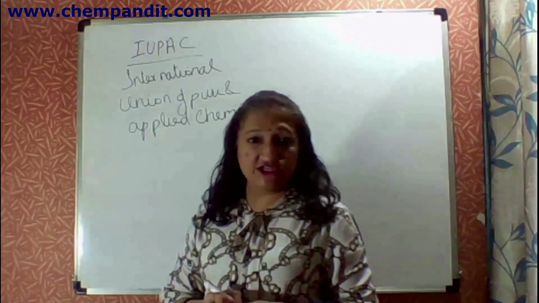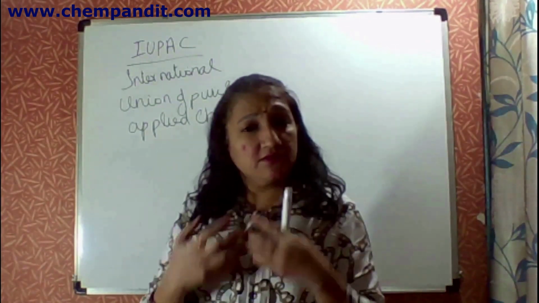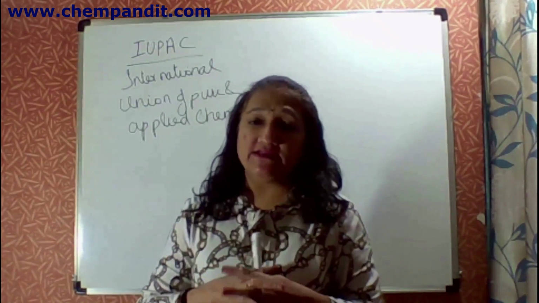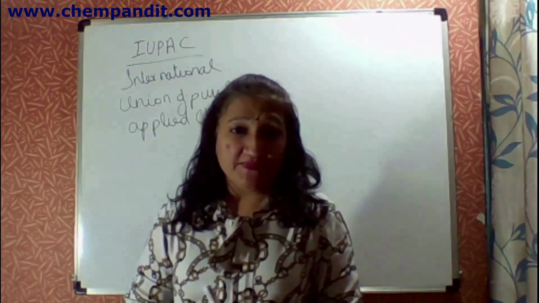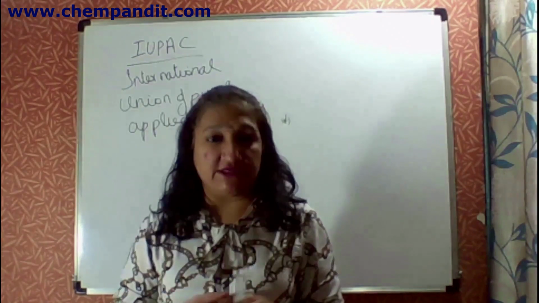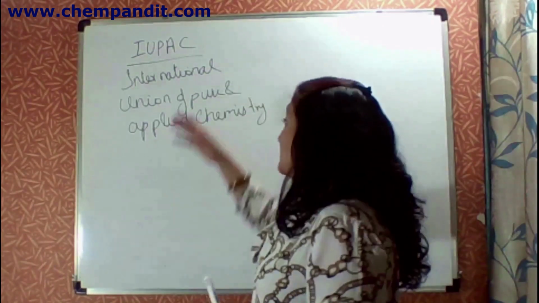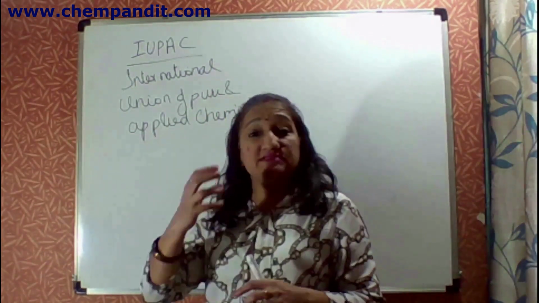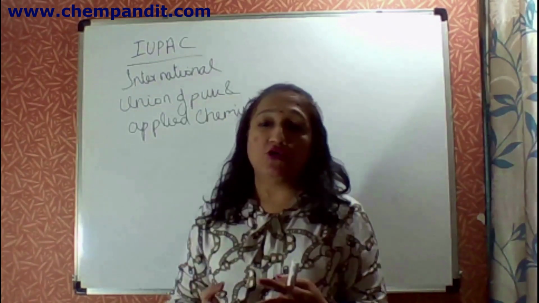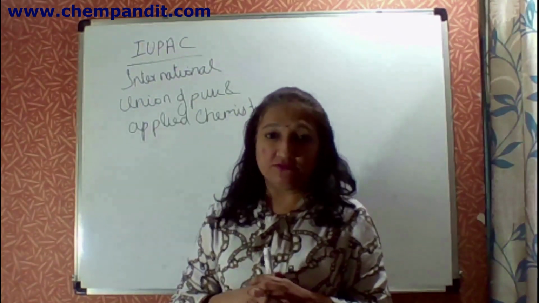Basically, it is an organization which gives all the rules and regulations regarding chemistry, and this is followed internationally. Clear? So basically, IUPAC has given some set of rules to be followed while naming an organic compound.